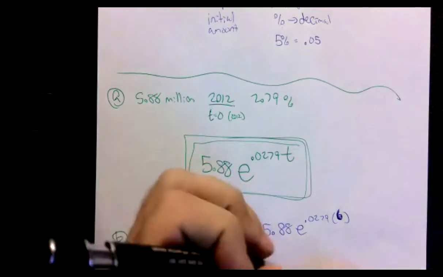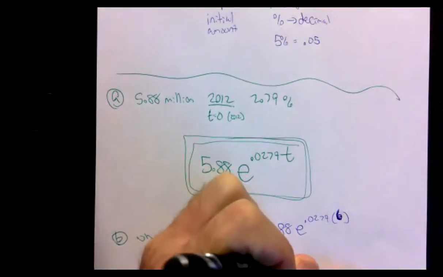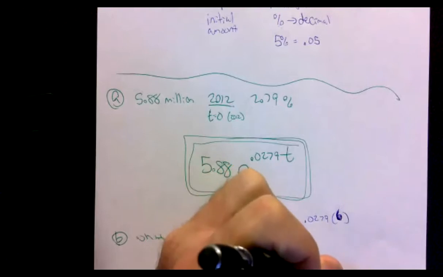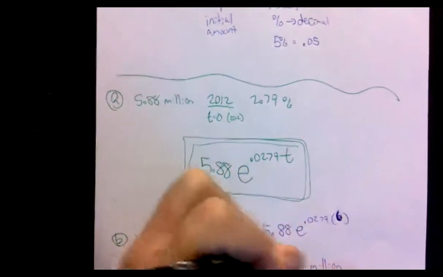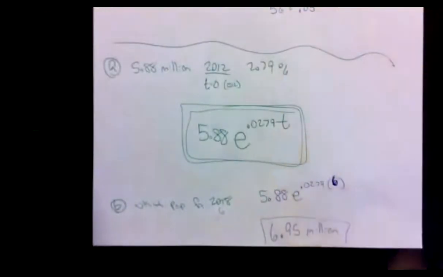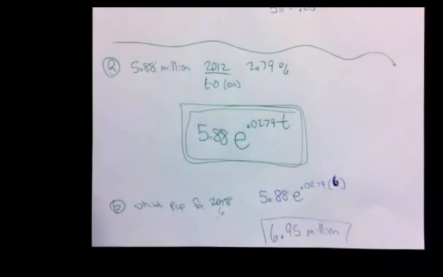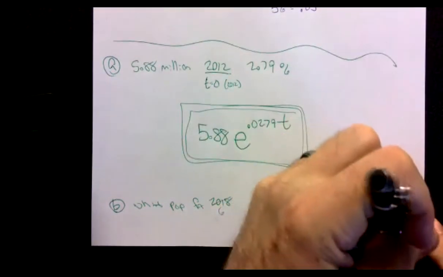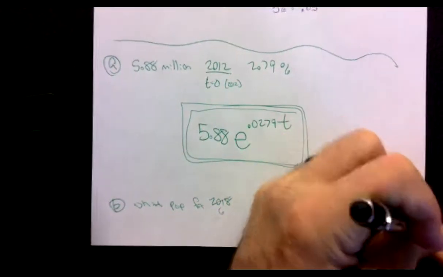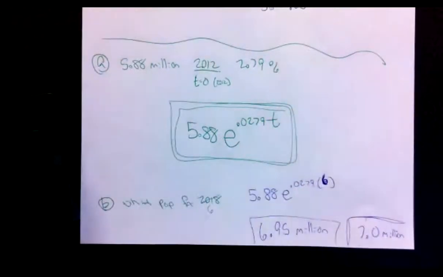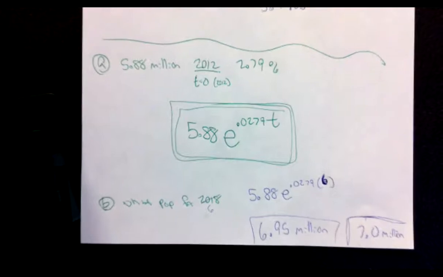I'm going to round to 2 and say our population would be about 6.95 million people. If it said to round to 1, that 5 actually rounds the 9 up, so that would round to 7.0 million. So depending on the rounding, that would be your answer.